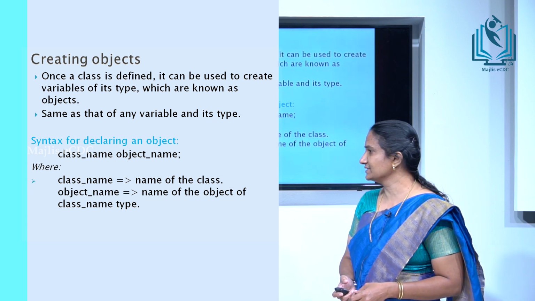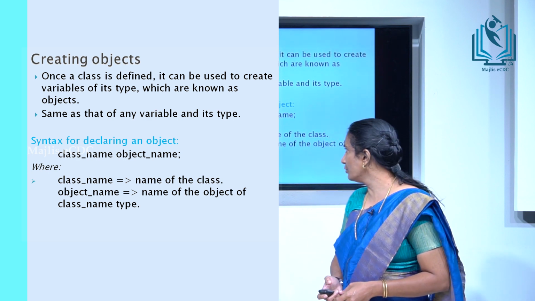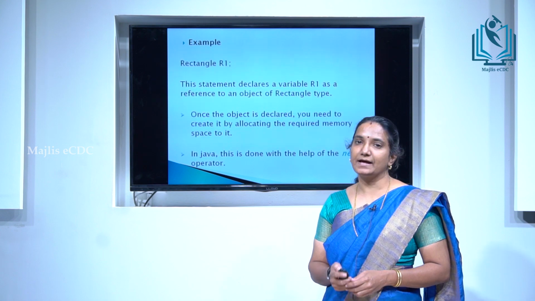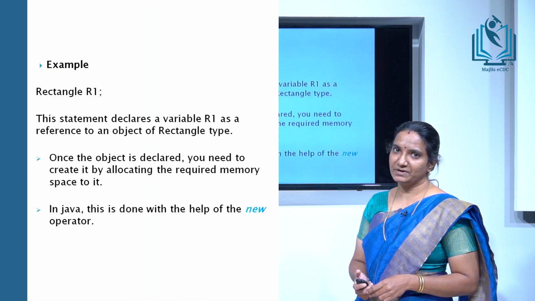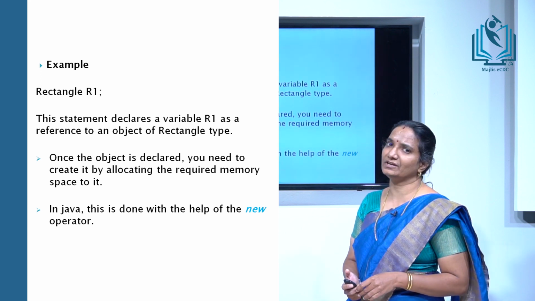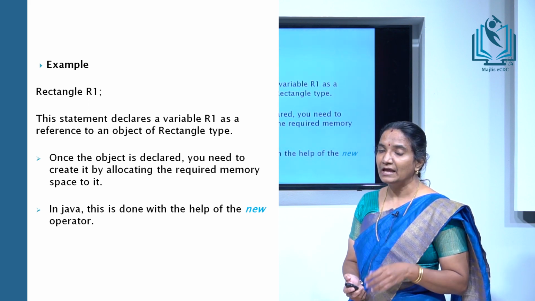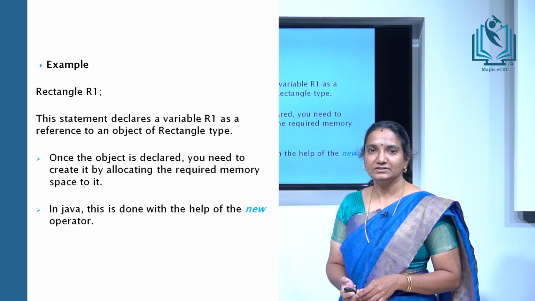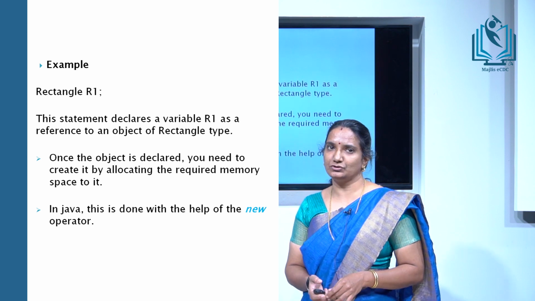Class name refers to the name of the class, and object name is the name of the object of that class type. Example, Rectangle r1. In this statement, r1 is a variable that is a reference to an object of the Rectangle class. If we execute this statement, at this point the value is null because it is not yet an instantiated object.